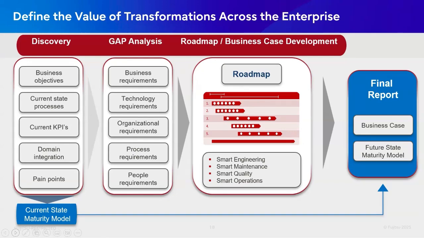We understand the requirements that are needed from an organization, a business, a process, a staffing, and then align those to the business requirements to build that roadmap to success. And the output of that roadmap, whether it's in terms of engineering, quality, operations, maintenance, is a final report and a recommendation of how to proceed.